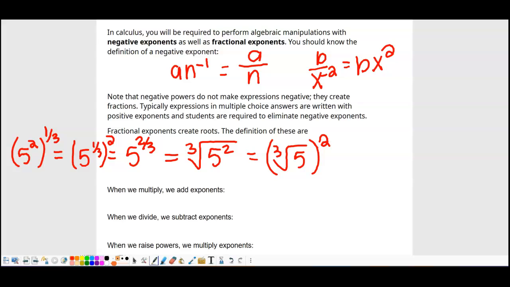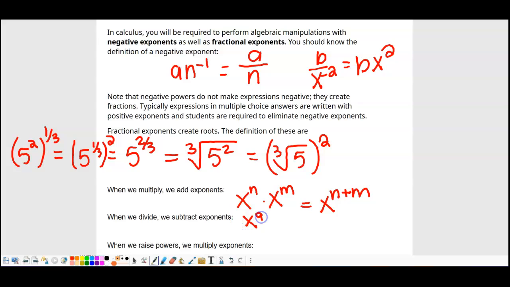as well as powers. When we multiply, it is super strange to students that when we multiply, we add our exponents. So if you had x to the n times x to the m, that does not become x to the n times m, but rather x to the n plus m. Division is subtraction.